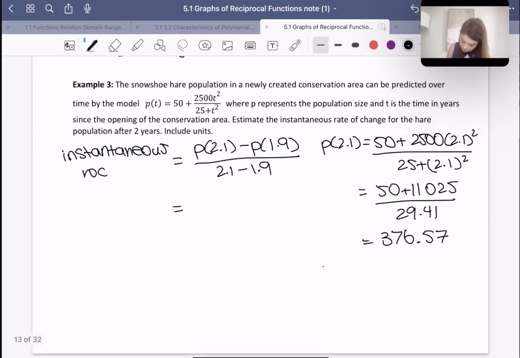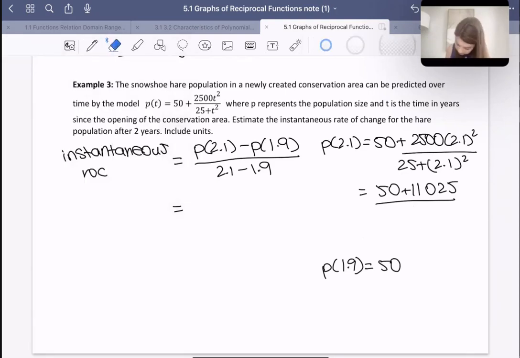Now what about P of 1.9? Well, that's going to be 50. Oh, wait. My apologies. Okay, it's 50 added at the very end. So I did this slightly incorrectly here. No worries, let's fix that.